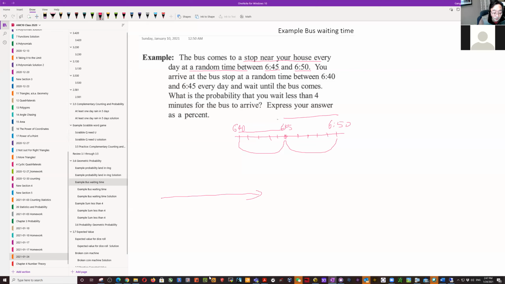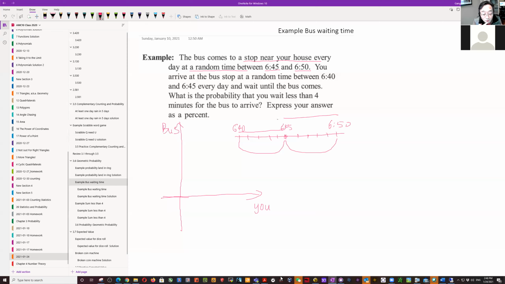Each axis is labeled representing a different entity. So for example, the horizontal axis represents your arrival time at the bus stop, and the vertical axis is the bus arrival time at the bus stop.